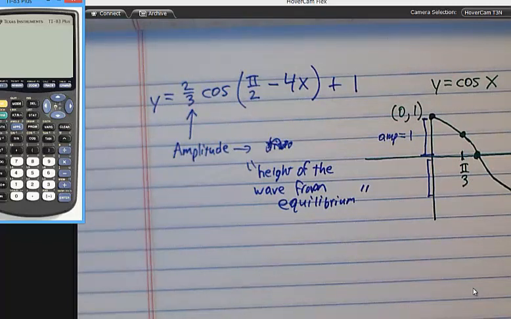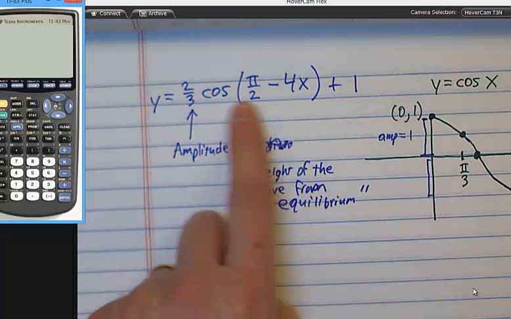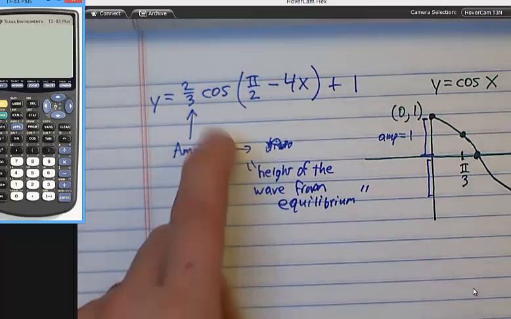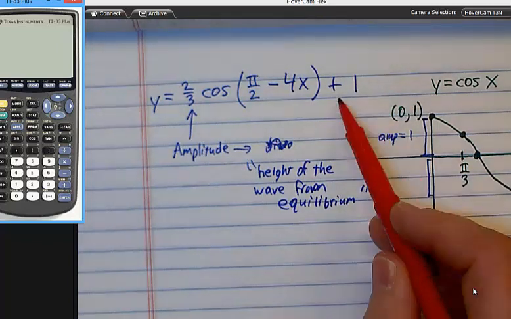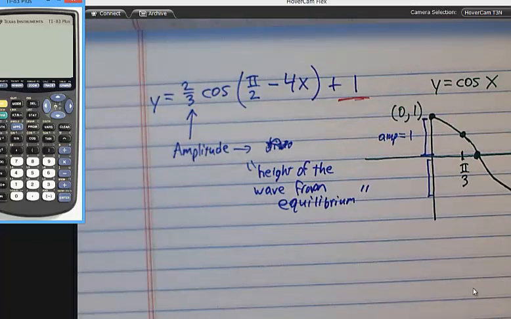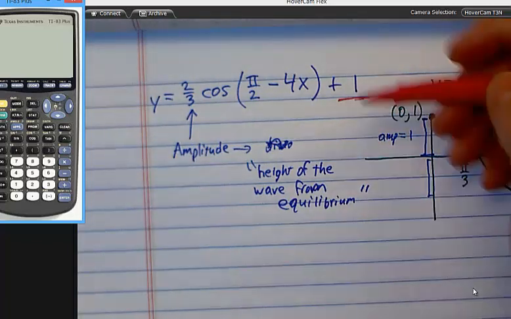But my amplitude, because I'm going to multiply my final answer by 2/3, and that's why, for example, what's the cosine of 0? 1 times 2/3 is 2/3. So it's going to take my wave and shrink it some. But let me say one more thing. See that plus 1? From college algebra, you probably know what this does.